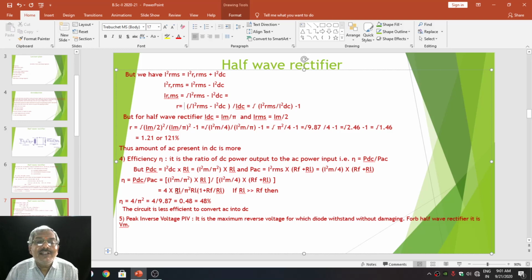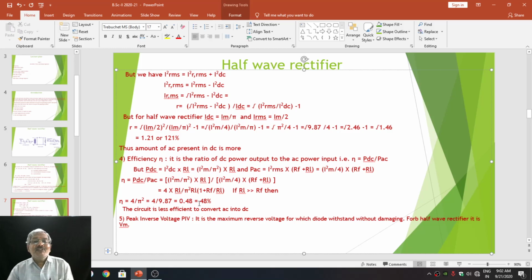By cancelling RL with RL and putting the condition that RL is very much greater than RF, then RF upon RL becomes ideally 0. When RF upon RL becomes ideally 0, then we get the efficiency as 4 upon pi square. That is, eta is equal to 4 upon pi square, and that's equal to 4 upon 9.87. Its value approximately comes to be 0.48.